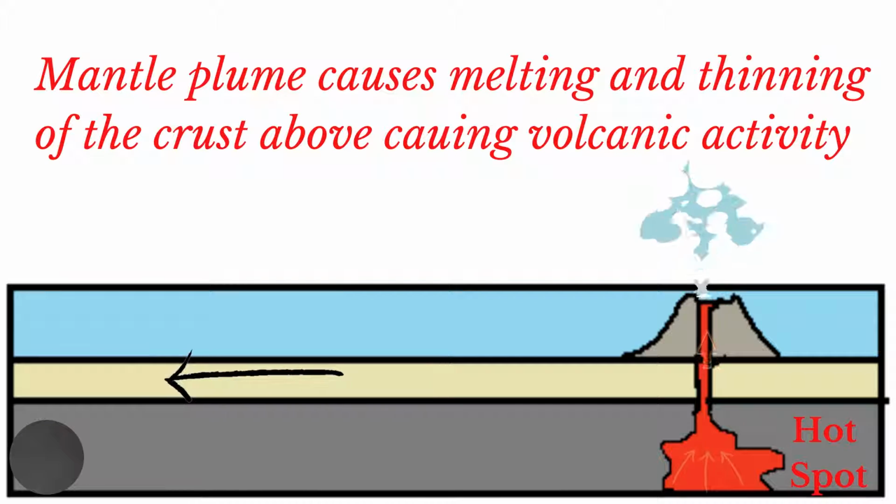Now, the mantle plume causes melting and thinning of the crust above it, and this results in volcanic activity and the formation of shield volcanoes. Now remember that the plate itself is still moving.